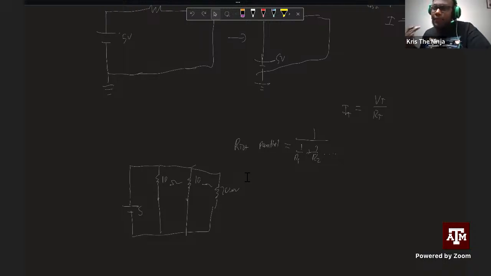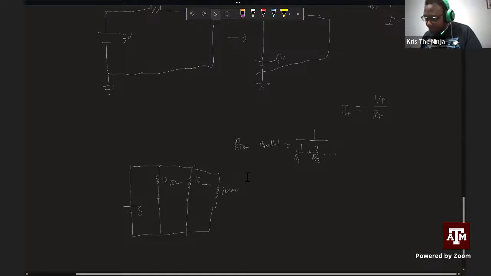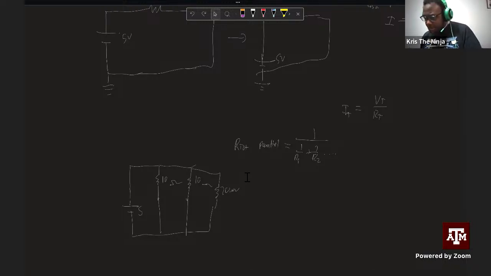If you have the same values for all of them, like 10, 10, and 10, and the same voltage, I believe you can do this as 1 over the number of resistors that are the same times that resistance.